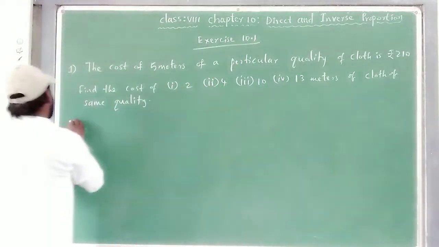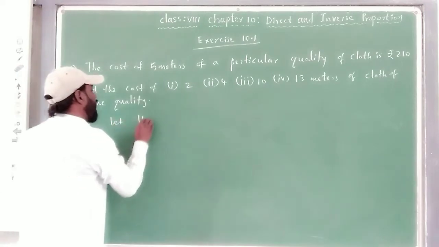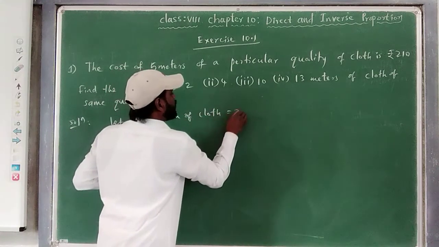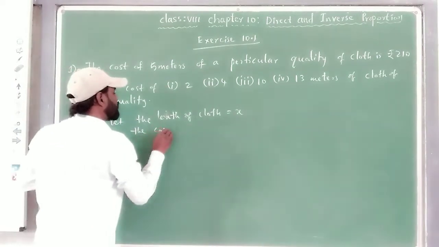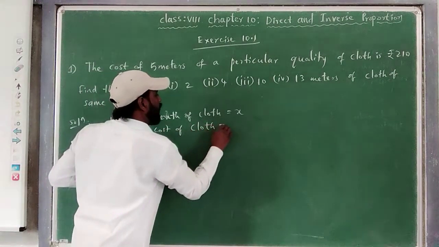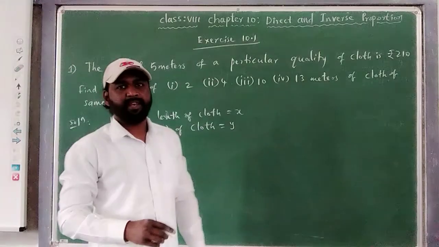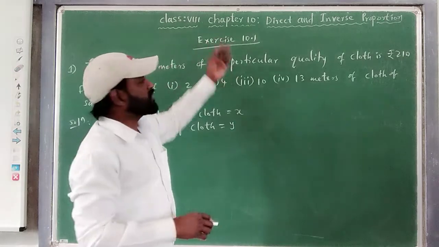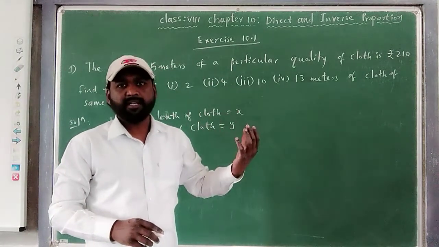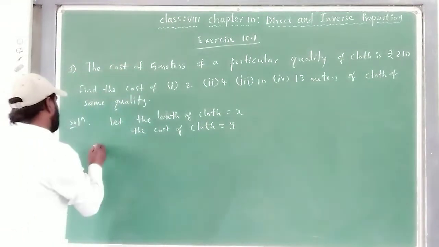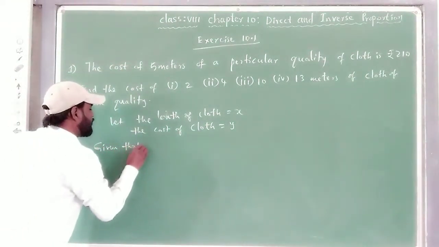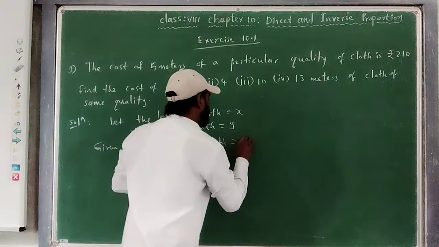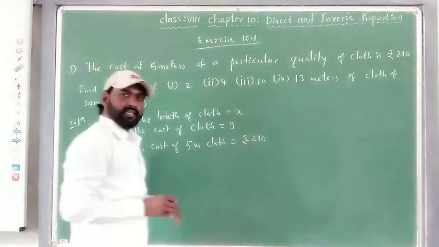Given that the cost of 5 meters cloth is rupees 210.